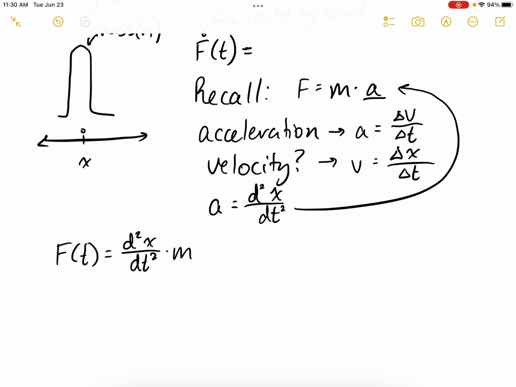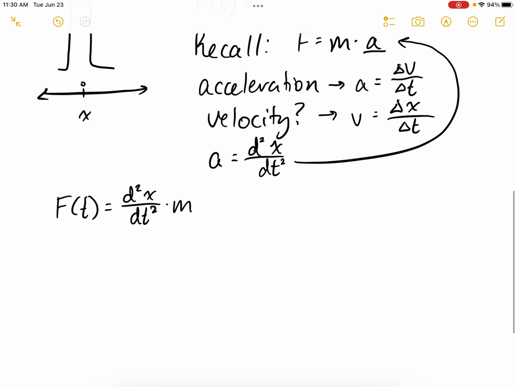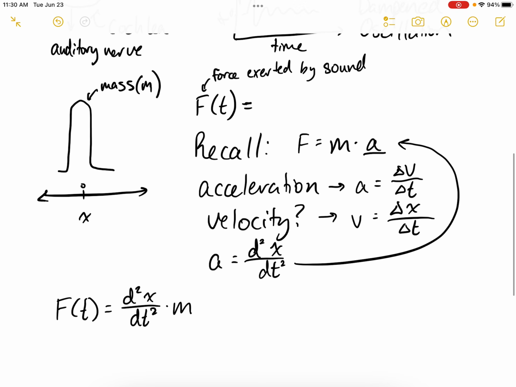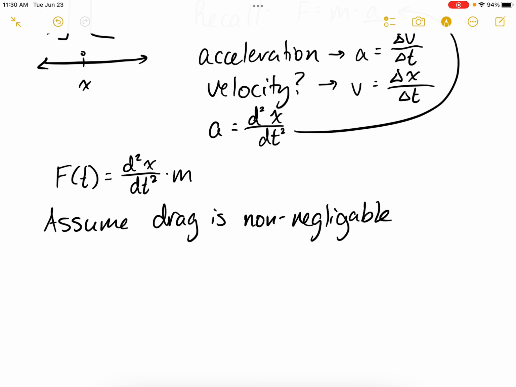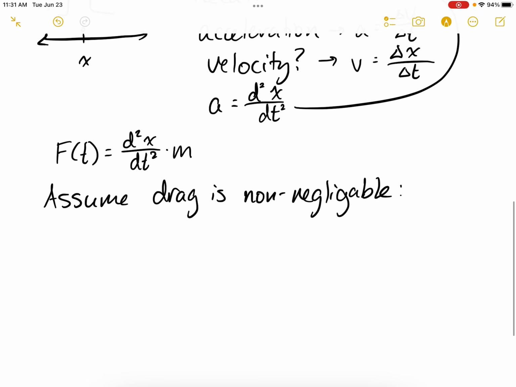Great. So now, unlike in a lot of our undergraduate physics classes, we do assume that friction and or drag are in place in this case. Because recall, this hair cell is existing in lots of fluid in your inner ear, which causes some drag. So we assume that drag is non-negligible, and we are going to use Stokes' law.